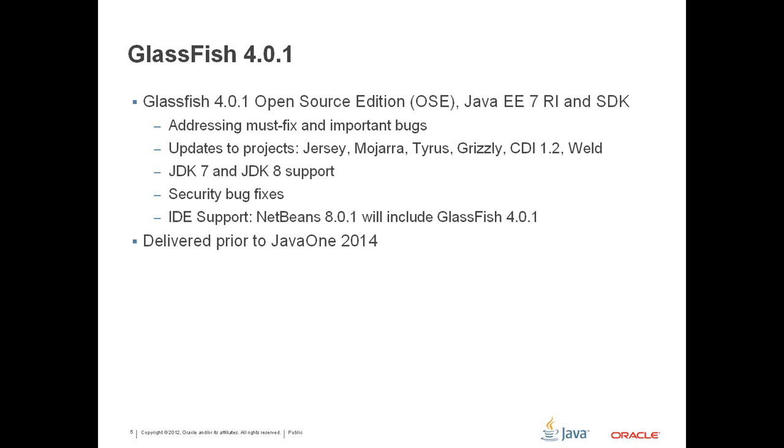The other nice thing is GlassFish 4.0.1 will be scheduled with the next big release of NetBeans. So that means NetBeans 8.0.1 will bundle GlassFish 4.0.1 with it. Again, nice synergy between Java EE 7 and Java SE 8.